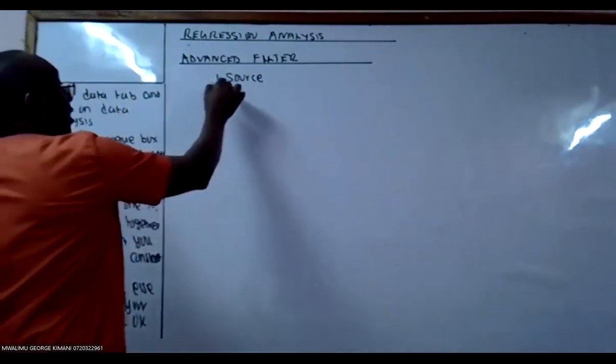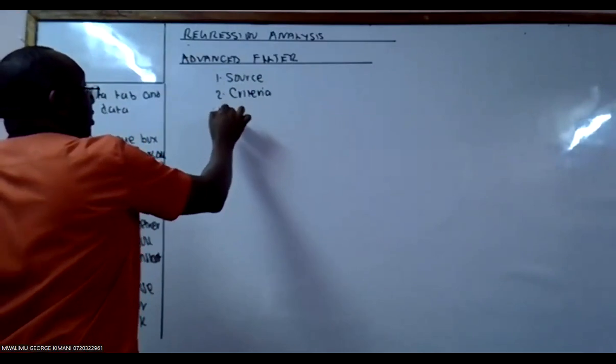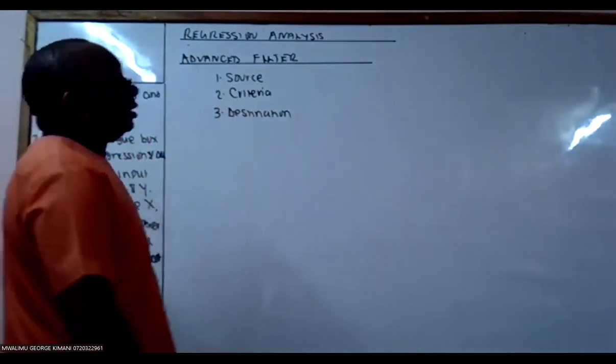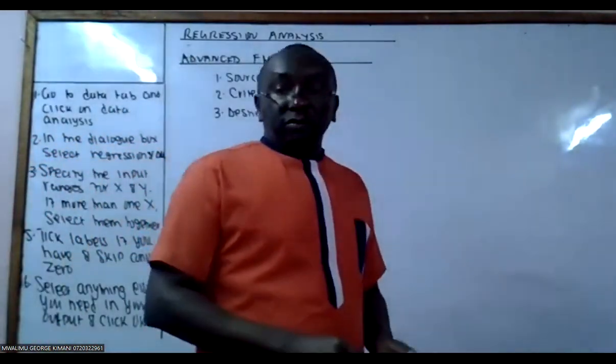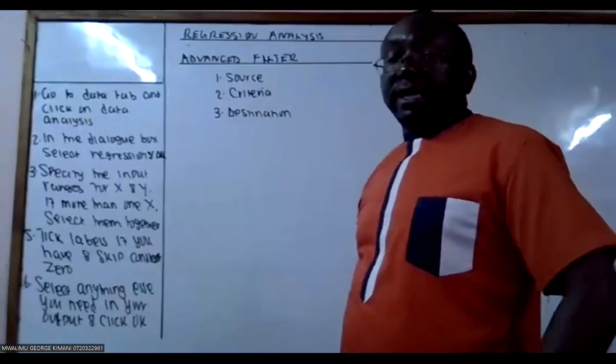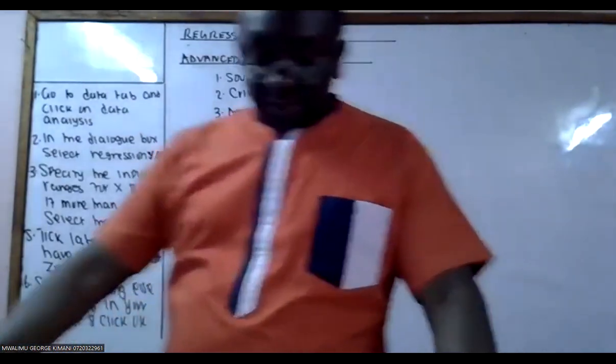Number 2, criteria. And number 3, destination. You must know well what is the source of the data that you want to filter, then the criteria that you're going to use, and then the destination where you want to put it.